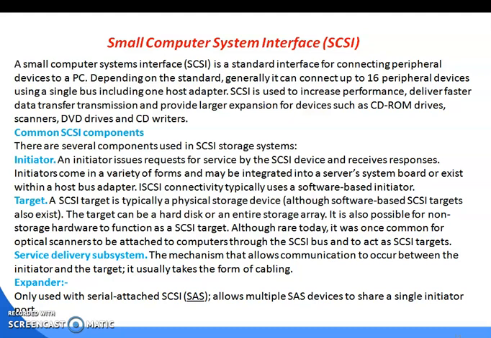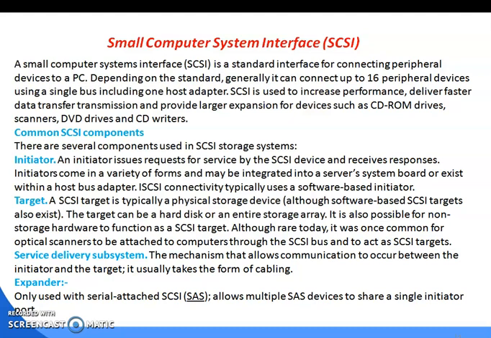Common SCSI components: there are several components used in a SCSI storage system. The first ones are initiator, target, service delivery subsystem, and expander. First is the initiator. An initiator issues requests for services by a SCSI device and receives responses. Initiators come in a variety of forms and may be integrated into a server system, board, or exist within a host bus adapter.